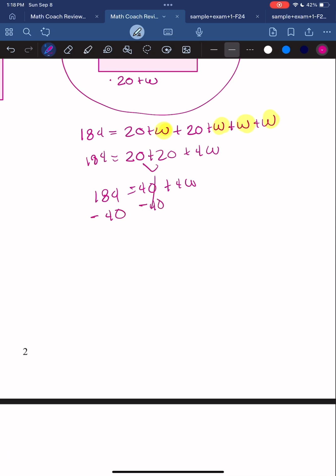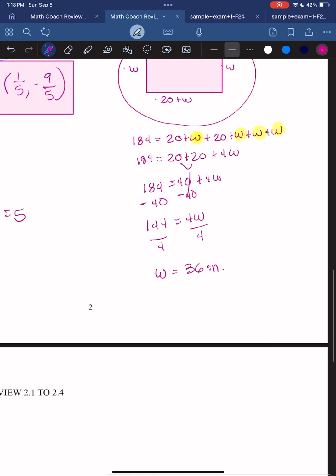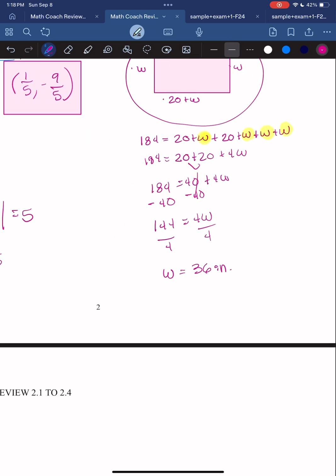Subtract 40. It's going to be 144 equals 4w. And then we divide by 4, and w equals 36. 36 what? 36 inches. So that's the width.